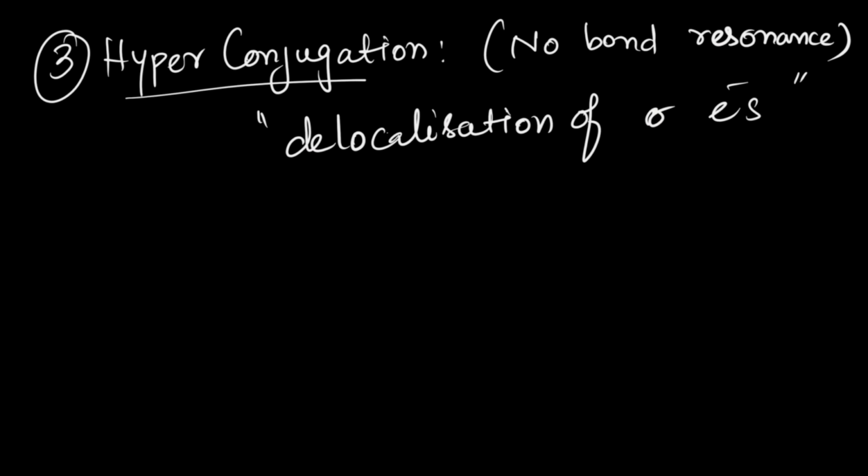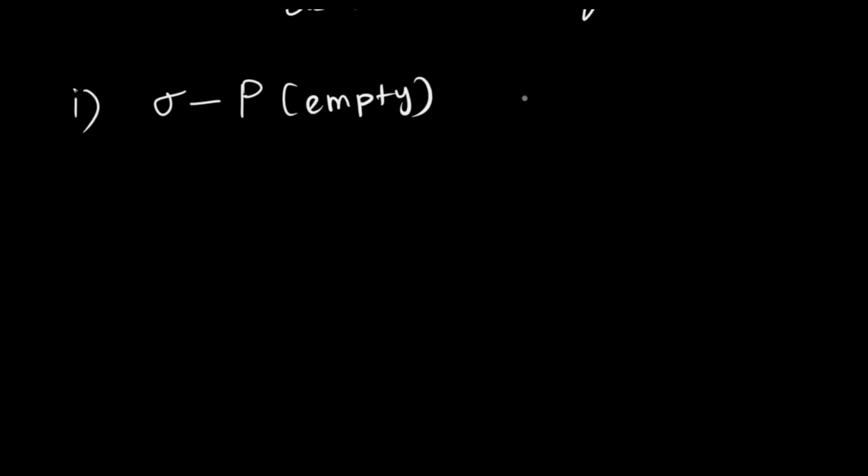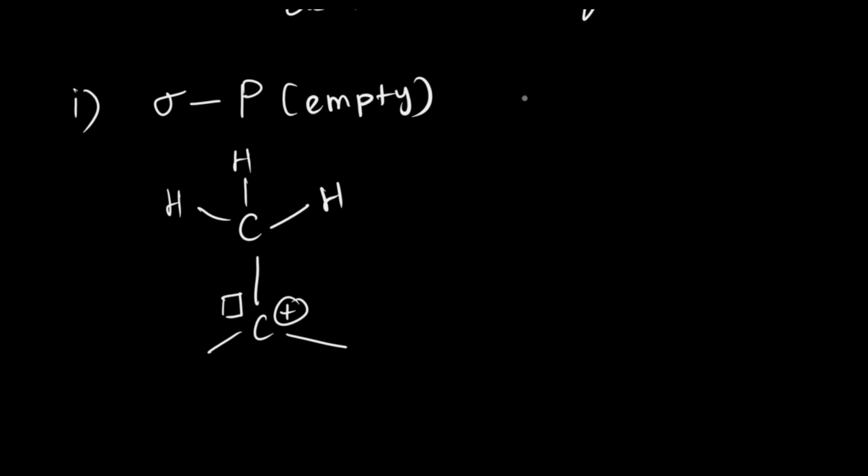For example, you can see the first type, that is sigma to empty p orbital, where it happens if I'm taking CH3 attached to a carbocation. That will have an empty orbital, is it?